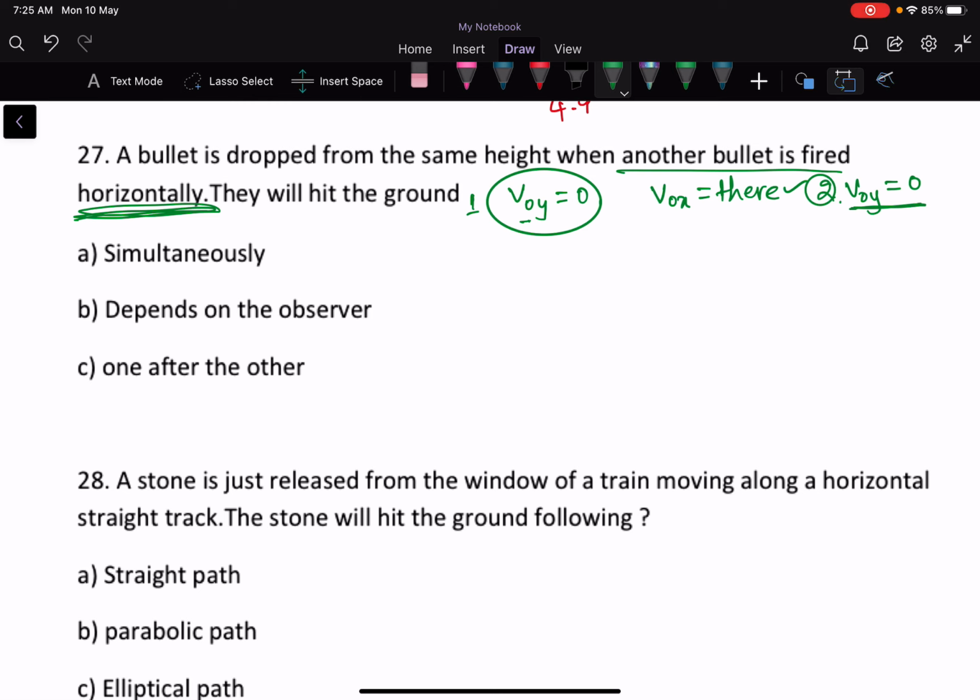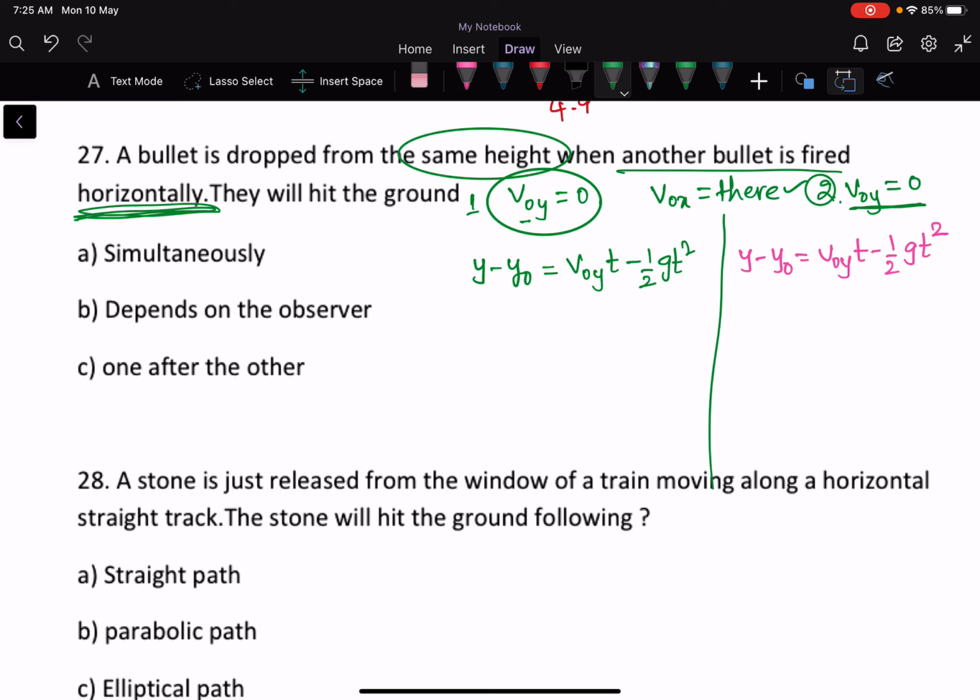So now they will hit the ground. See here, I am using y minus y0 equal to v0y into t minus half g t square. And for the second bullet, I am writing y minus y0 equal to v0y into t minus half g t square. For the first bullet, they are released from the same height, so y minus y0 is the same for both cases.